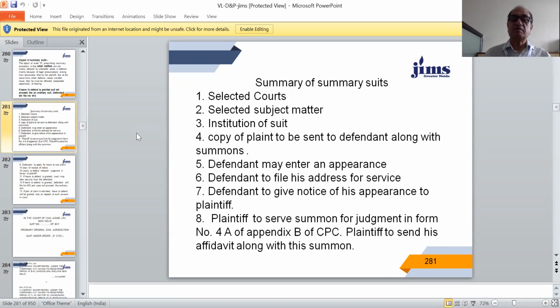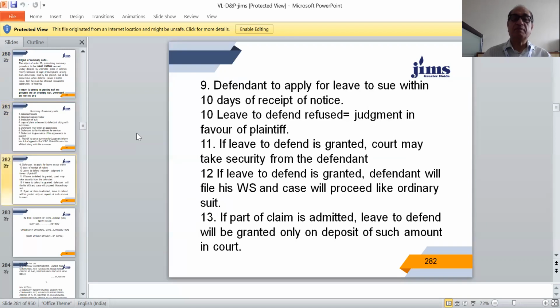Then plaintiff to serve summons for judgment in form number 4A of Appendix B of CPC. Plaintiff to send his affidavit along with this summons. Then defendant to apply for leave to defend within 10 days of receipt of the notice. Then leave to defend. If refused, then plaintiff is entitled to judgment in his favor.